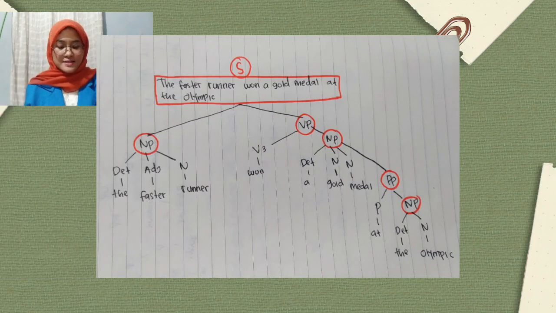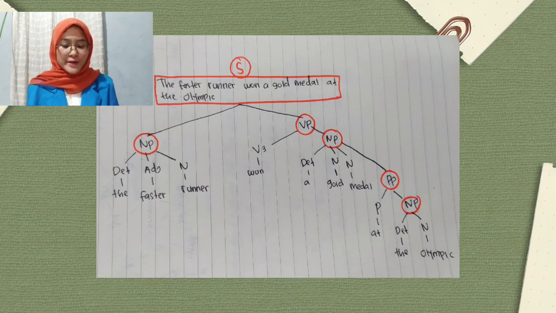The second example: the faster runner won a gold medal at the Olympic. There is a sentence, and below it has a noun phrase and a verb phrase.